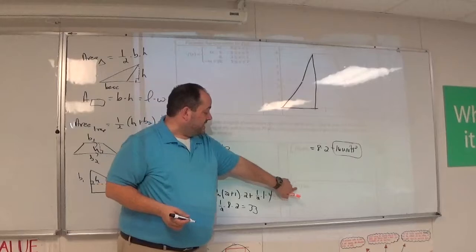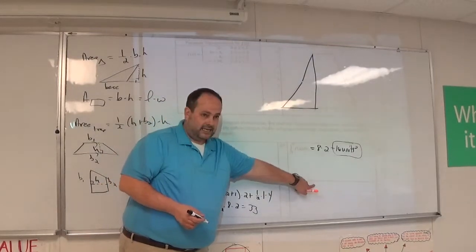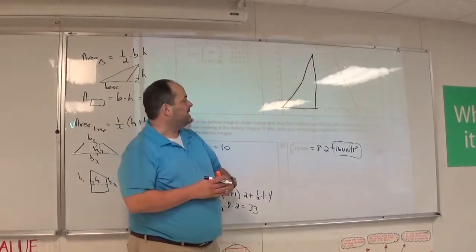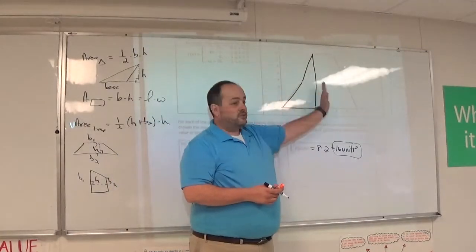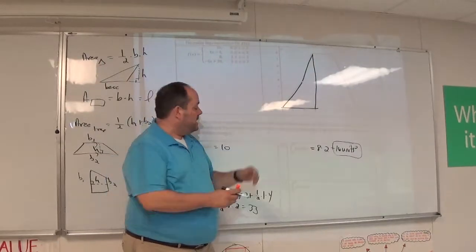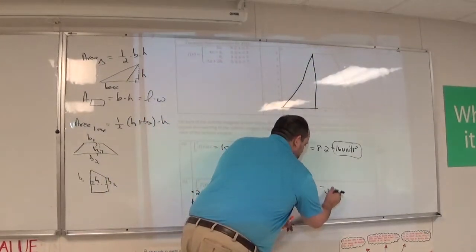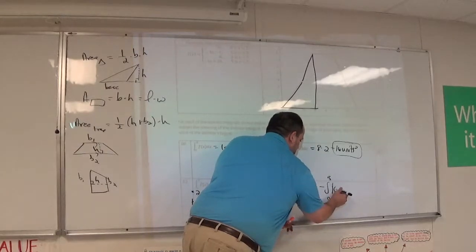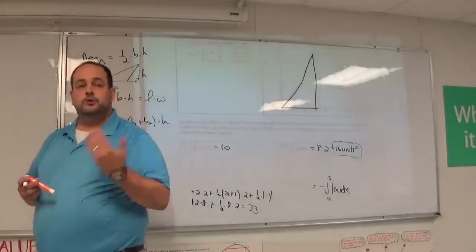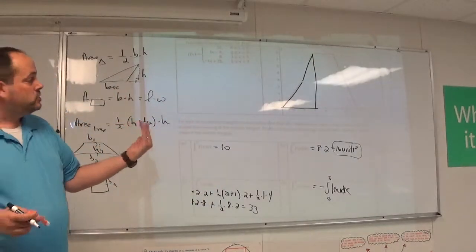This guy, I'm saying, find the area bounded by f of x and the x-axis from x equals 3 to x equals 0. What's different is the direction. Rather than going left to right, you're going right to left. You're going to get the opposite of the integral from 0 to 3 of f of x dx. If you switch the direction, you switch the sign.